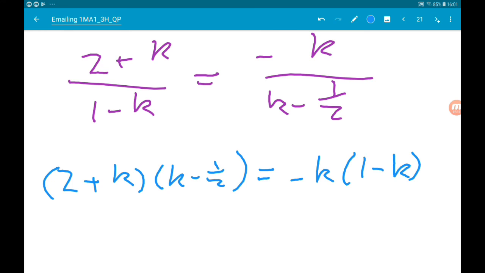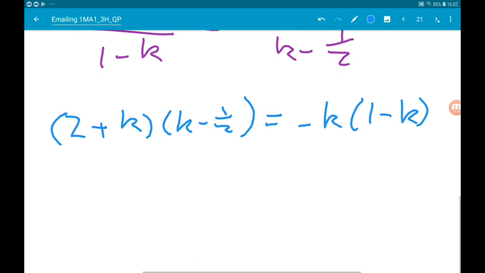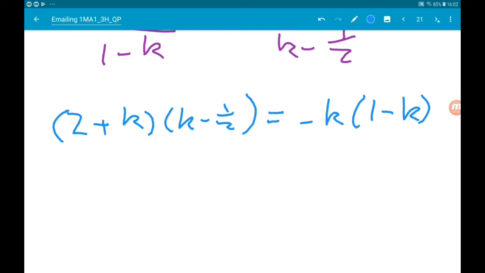Okay, now we need to expand both sides. So on the left, we are going to get k squared. Now we would get 2k minus 1 half k, so that's 3 halves k.